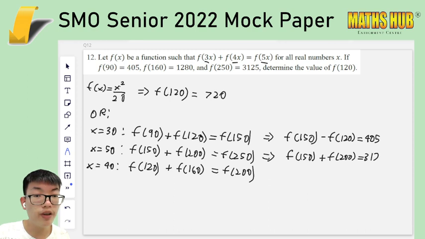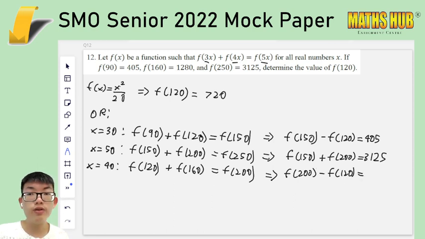It's 3125. And lastly, 160 is known. So f of 200 minus f of 120 is equal to f of 160, which is 1280.